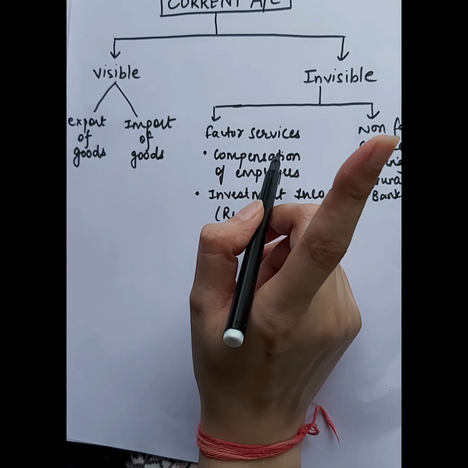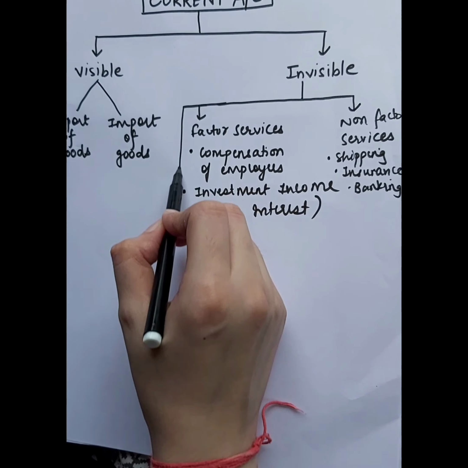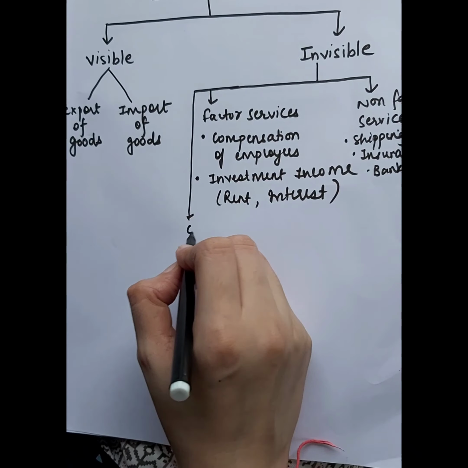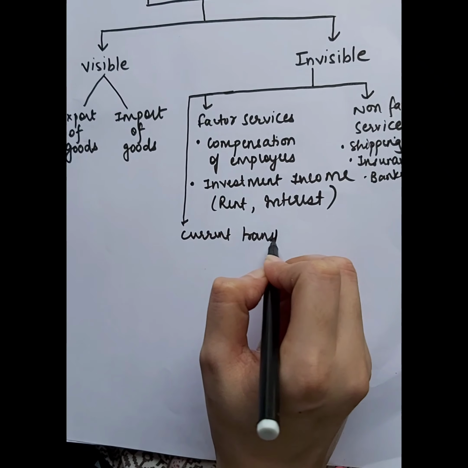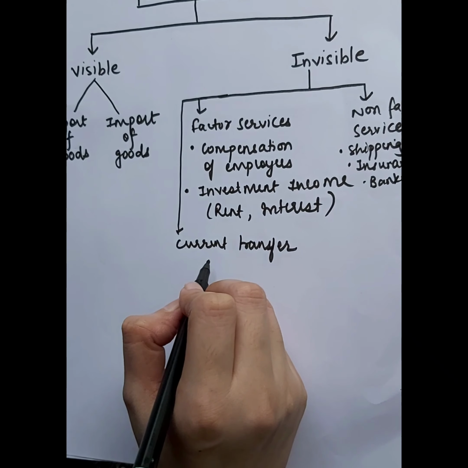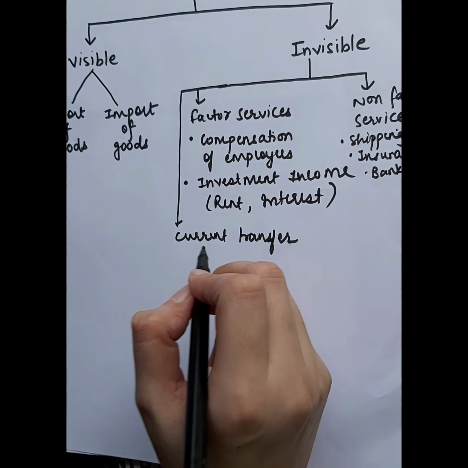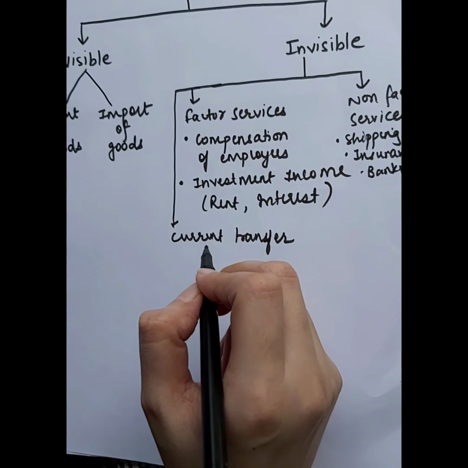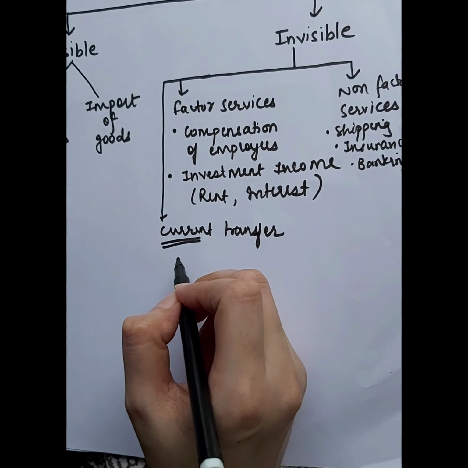Now there is one more category in invisible, which is called current transfer. As the name suggests, current transfer means that we are transferring at that particular point of time, which is why the word current is used.